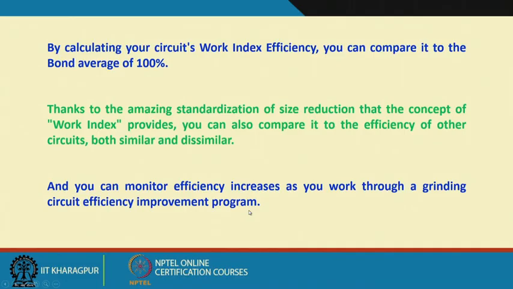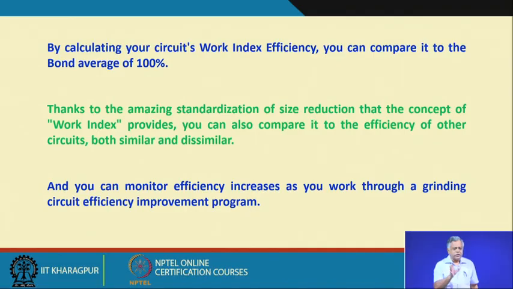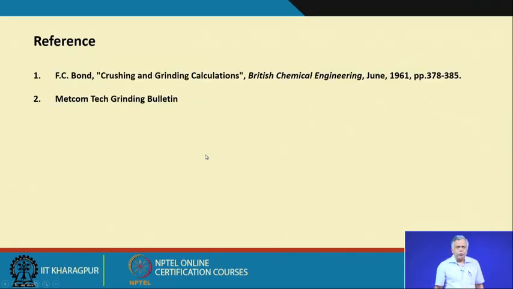Even based on this logic, you can have an on-stream analyzer, which will give you the work index efficiency, or operating efficiency, of your circuit, and then you can pinpoint which circuit I should act on to modify it. For this lecture I have consulted these 2 literature sources.